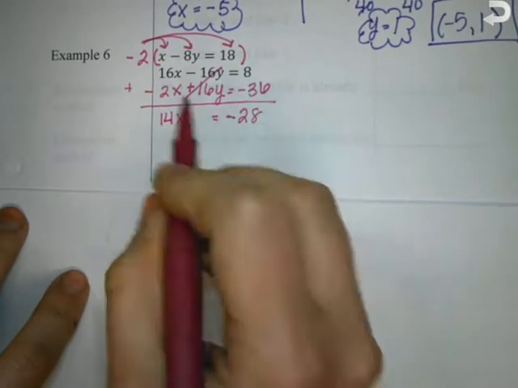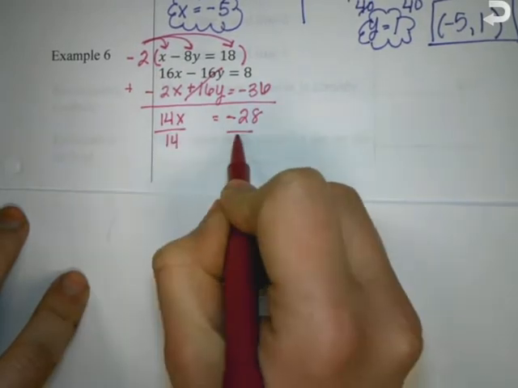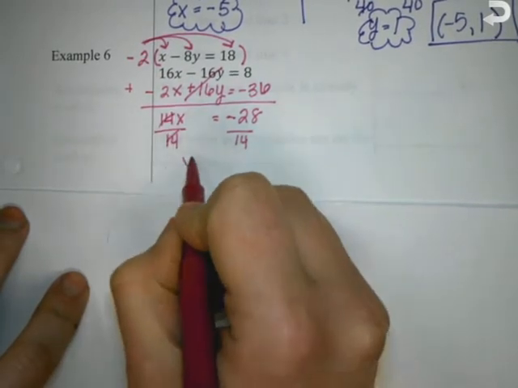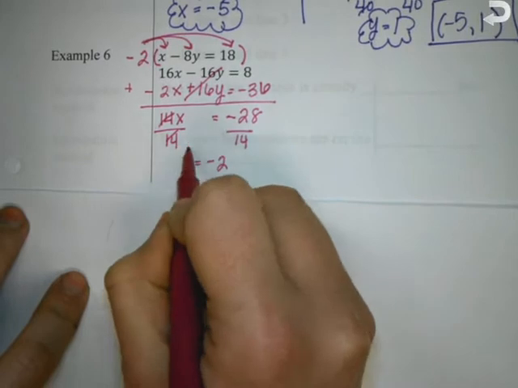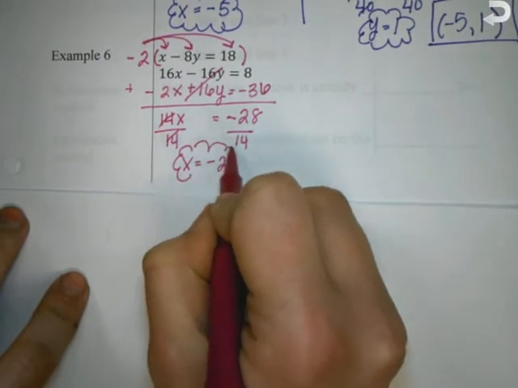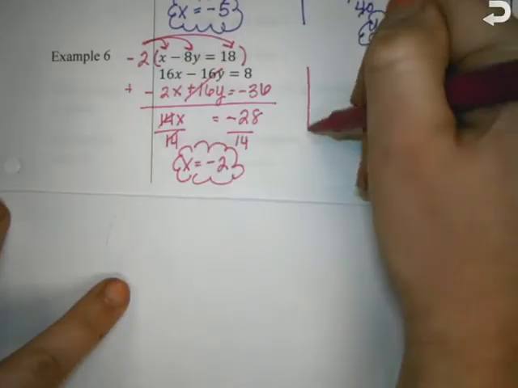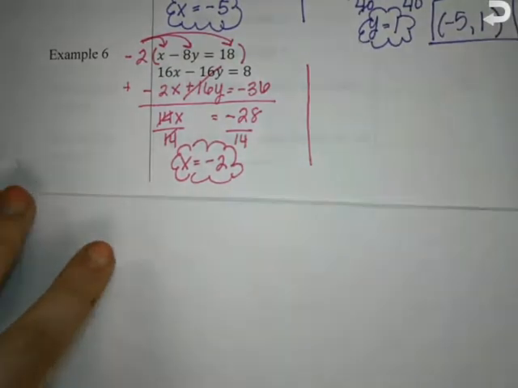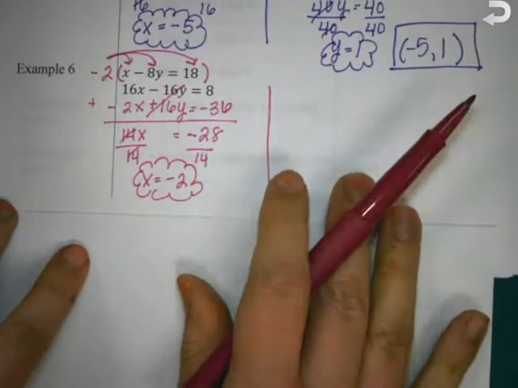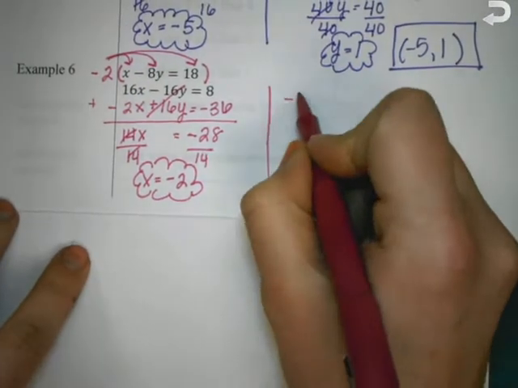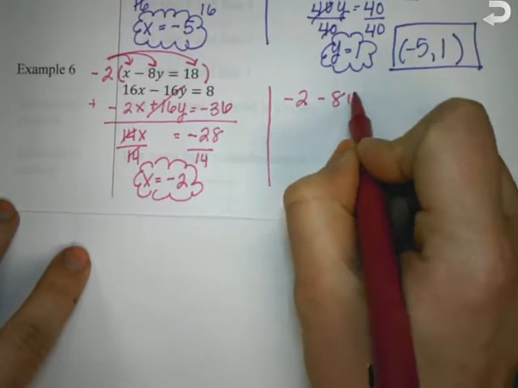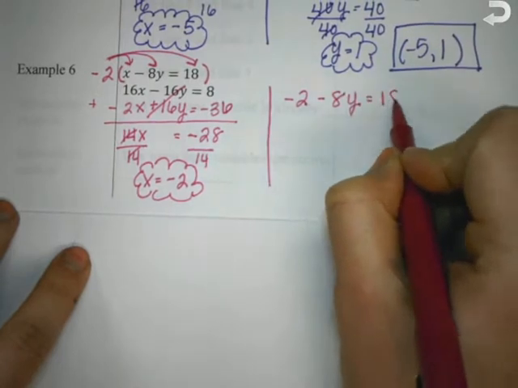Okay, x equals negative 2, so which one did you plug it into, first or second? Plugged it into the first, so that gives me negative 2 minus 8y equals positive 18. You should still get the same answer. Okay, to get the y's by itself, I add 2 to both sides.